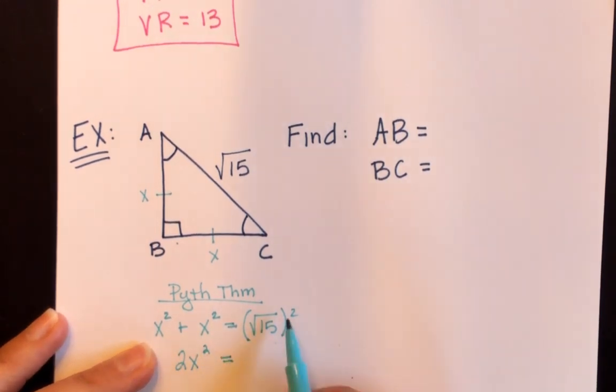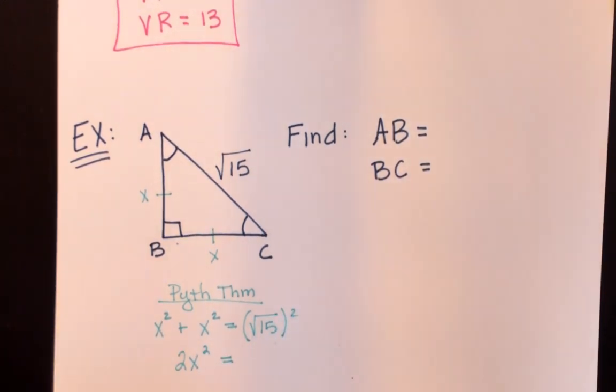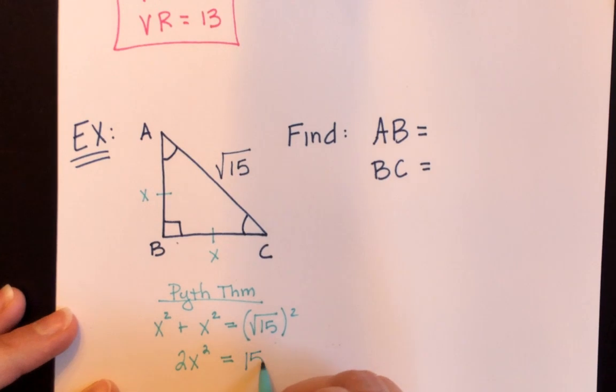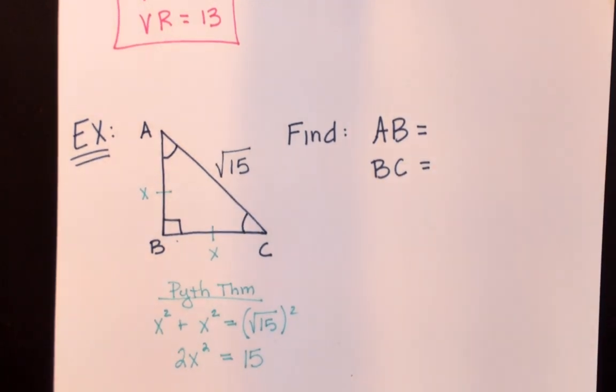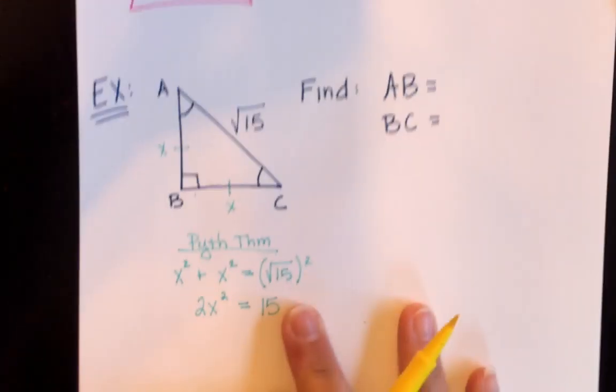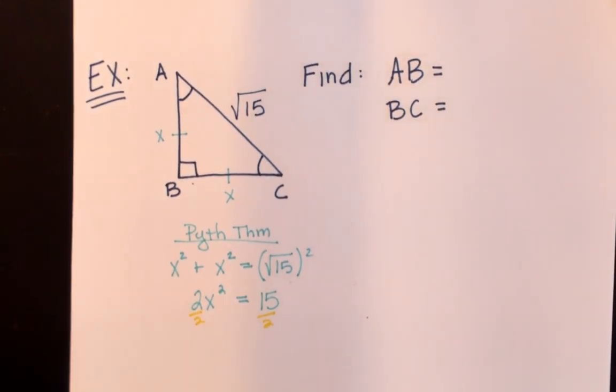Because a square root and a square are inverse operations, they will cancel each other out. It all disappears, and we're left with 15. I'm going to divide both sides by 2. And now here's the problem using the Pythagorean theorem.